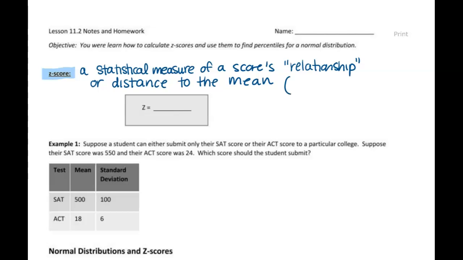And it's exactly a measure of the number of standard deviations away from the mean.